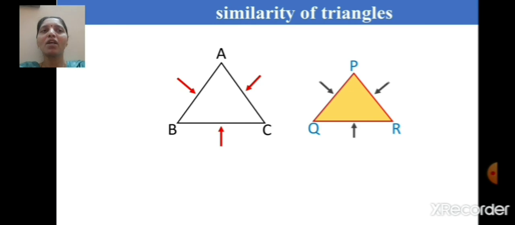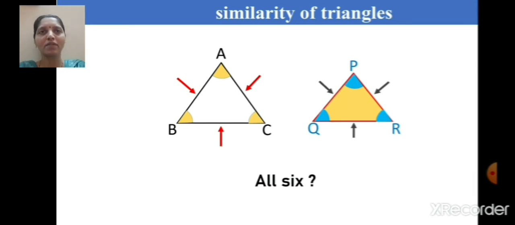So in total 6 components are there, 3 angles and 3 sides, right? Is it necessary that we check all the 6 components? No, it is not necessary. Even if you consider any 3 elements, you can easily state that the given 2 triangles are similar.